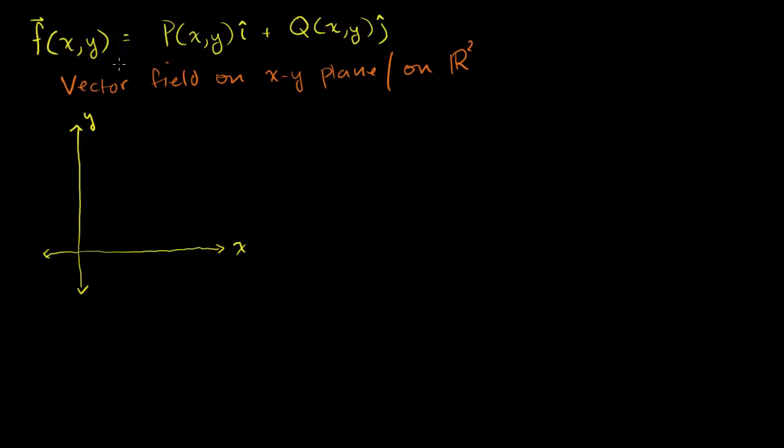So what this does is define a vector that's associated with every point on the xy plane. So you could say, hey, if I take this point on the xy plane, and I were to pop it into this, I'll get something times i plus something times j, and when you add those two, maybe I get a vector that looks something like that. Maybe when I go here, the vector looks something like that. Maybe when I go here, the vector looks like this. Maybe when I go up here, the vector goes like that.